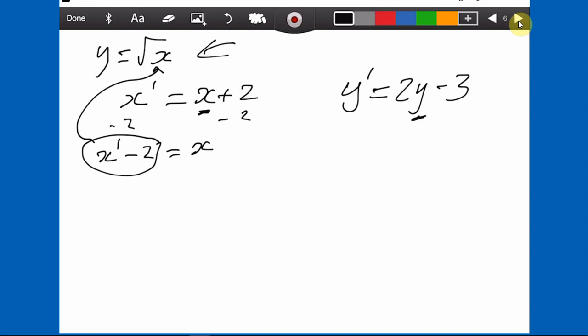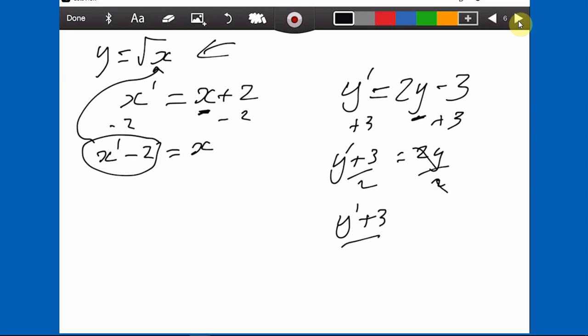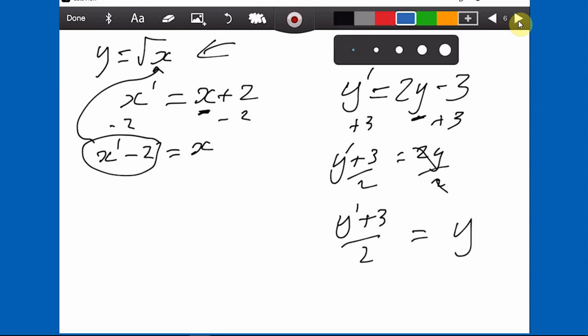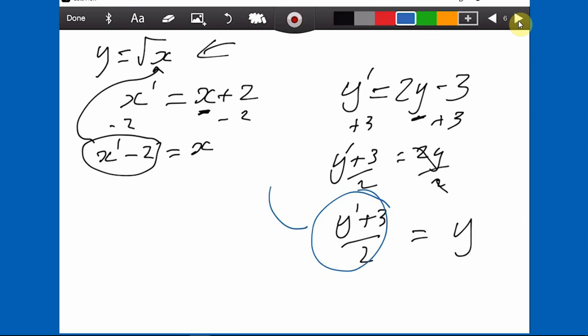Here, add 3 to both sides, then divide by 2. So y dashed plus 3 over 2 is equal to y. Now I'm going to take that and put it in there.